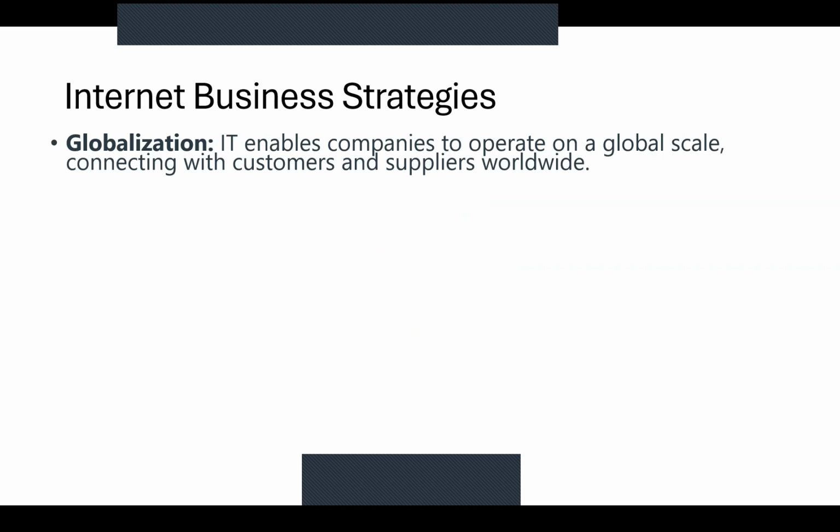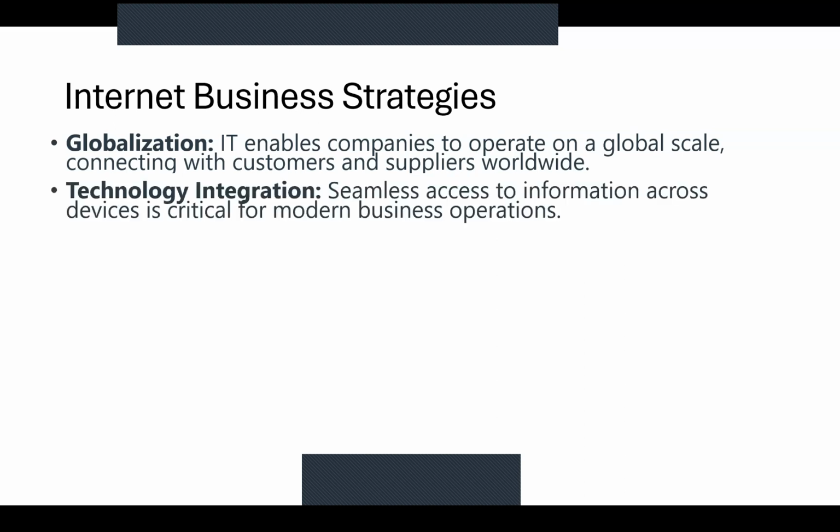So there is where again the information system or information technology will be used. So information technology is used in facilitating businesses. It enables companies to operate on a global scale, connecting with customers and suppliers worldwide. It also allows seamless access to the information across devices for modern business operations.